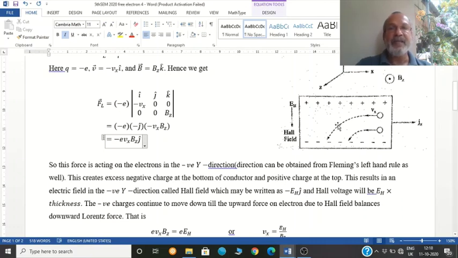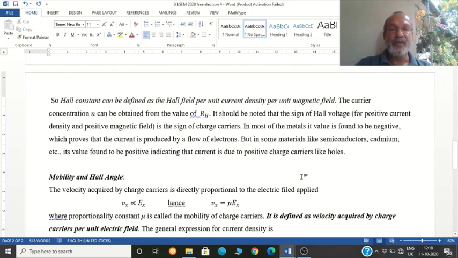That's a very great advantage, because by finding the direction of the current, we are not able to know whether it is electrons flowing inside the conductor or positive charges are flowing inside the conductor. So this is a sure indication of that. By studying Hall effect, it is found that in some materials like cadmium, holes, the positive charges, are responsible for conduction, by finding the sign of the Hall voltage.